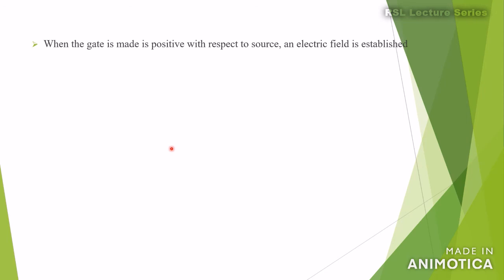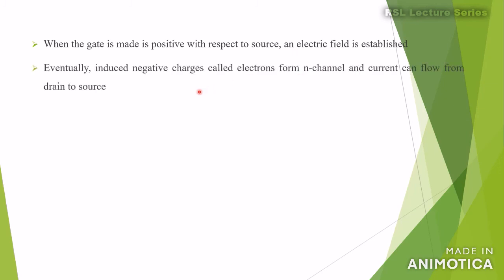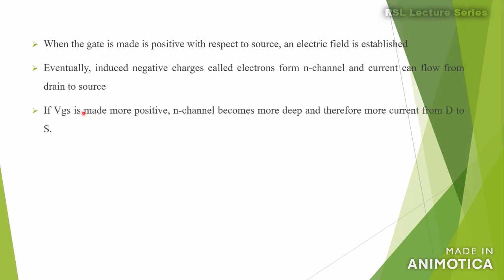Now when the gate is made positive with respect to the source, an electric field is established, that is, negative charges get induced. This forms an N channel, and the current will start flowing from the drain to source. If VGS is made more positive, the N channel becomes deeper, and therefore more current will flow from drain to source terminal.